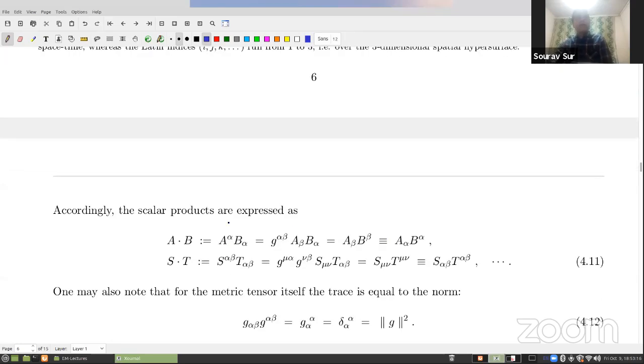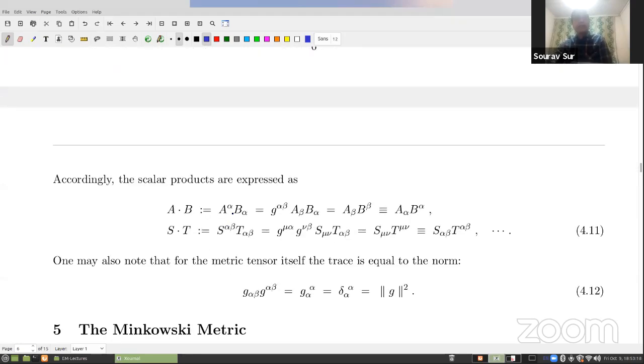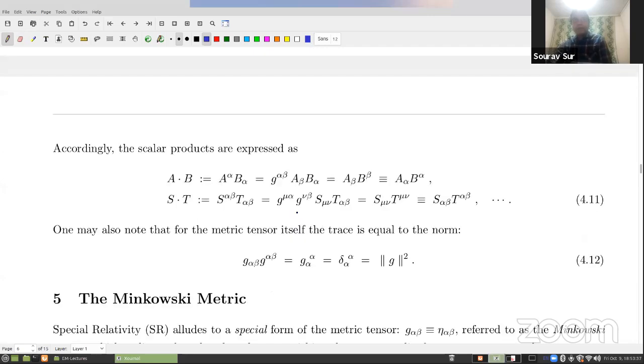Accordingly, you have the scalar products expressed as A alpha B alpha, which you can write as g alpha beta. So you are lowering the index alpha here by the g alpha beta upstairs. g alpha beta is the inverse of the metric tensor. And you can write it in this fashion. Since it's a dummy index, you can use any symbol you like.